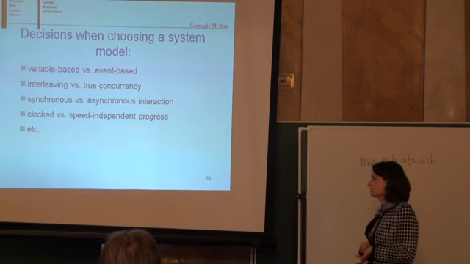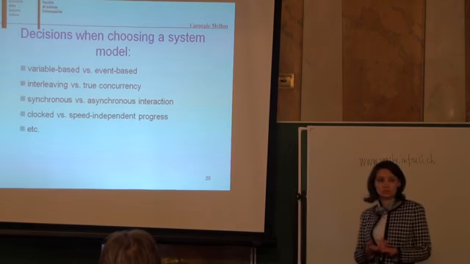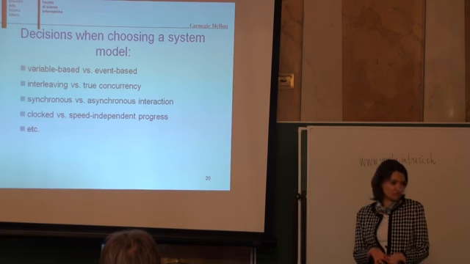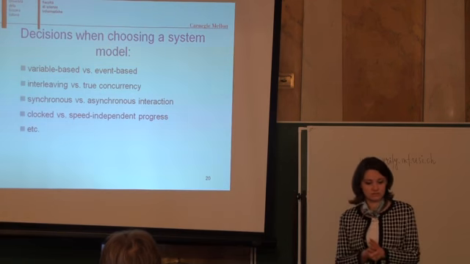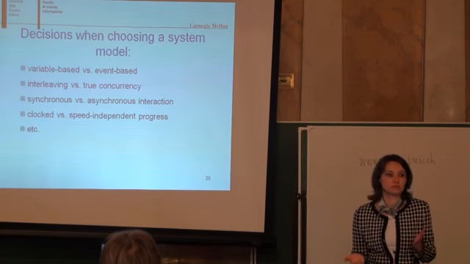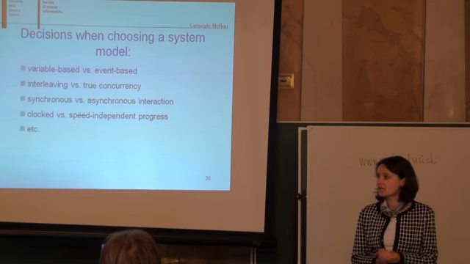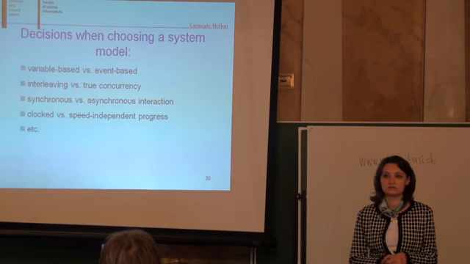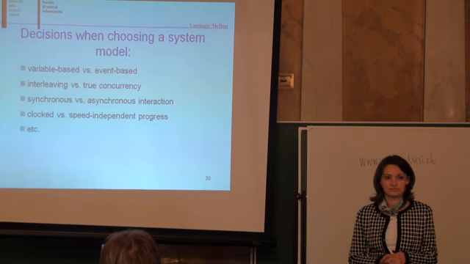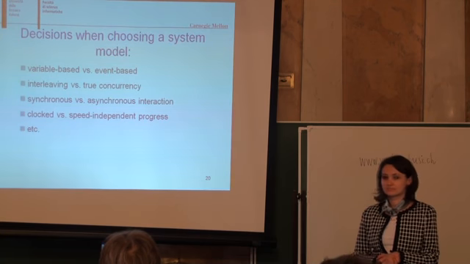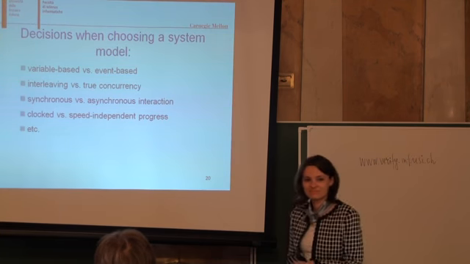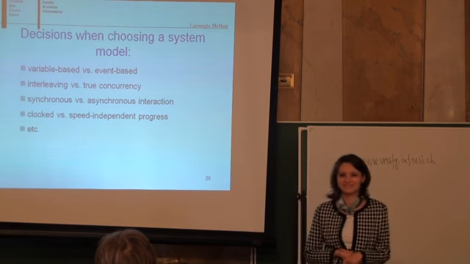And we can use many models which already exist for ages in mathematics. So can you tell me some models which you probably know from courses in graph theory or compilers? Finite automata.